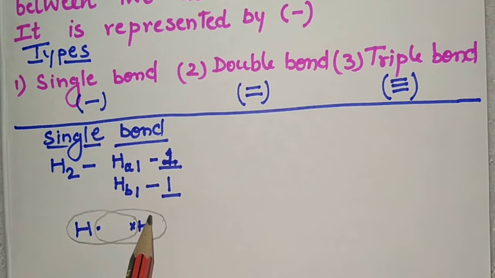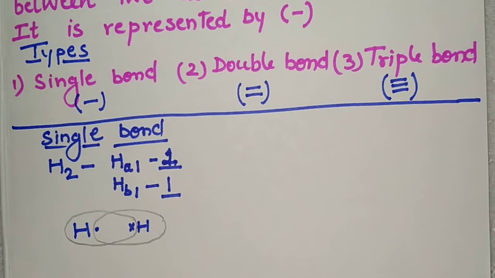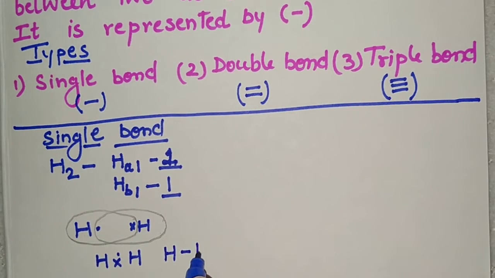So now it becomes completely stable, and this also becomes stable by sharing one electron. So this will be your bond, or we can show it like this, hydrogen.